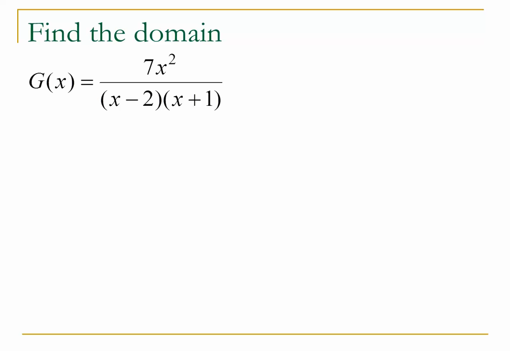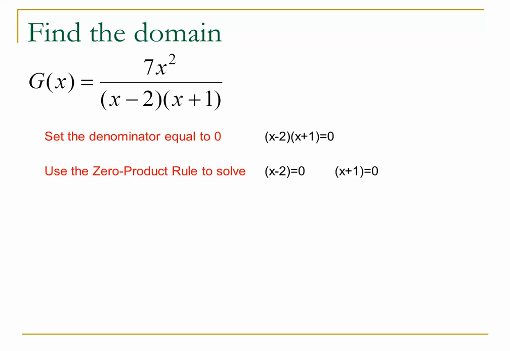Now find the domain of g of x equals 7x squared divided by x minus 2 times x plus 1. We have a rational function, looks like a fraction, means the denominator can't equal 0, so we're going to set the denominator equal to 0. Hopefully this makes you think of the zero product rule, which says when you multiply two algebraic expressions and the result is 0, one of those algebraic expressions must equal 0.